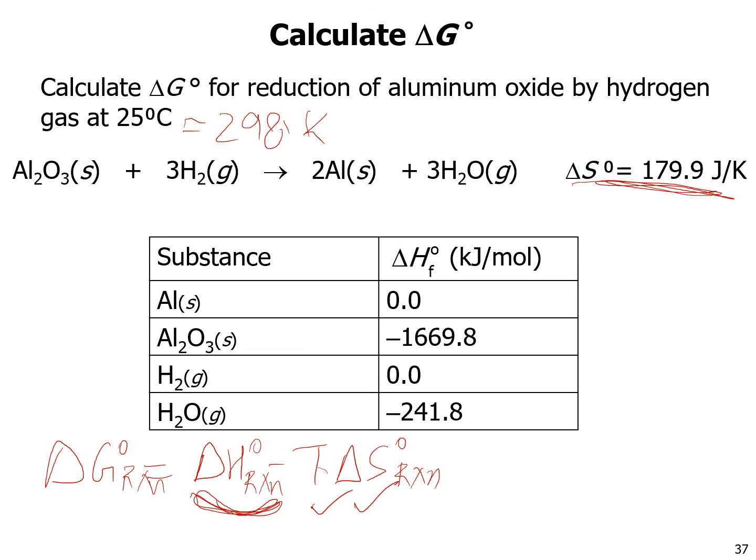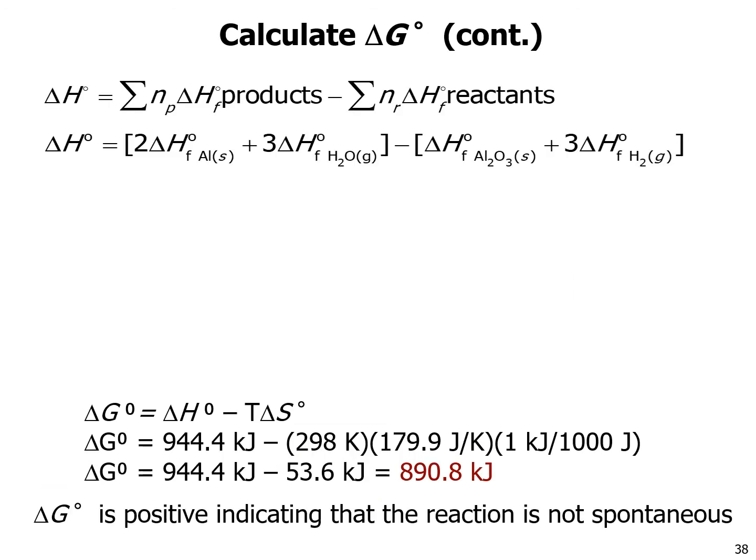How can you solve for ΔH°? Same idea. ΔH° for a reaction is the sum of ΔH°f for products minus the sum of the reactants' enthalpy. Ignore the bottom portion for now.